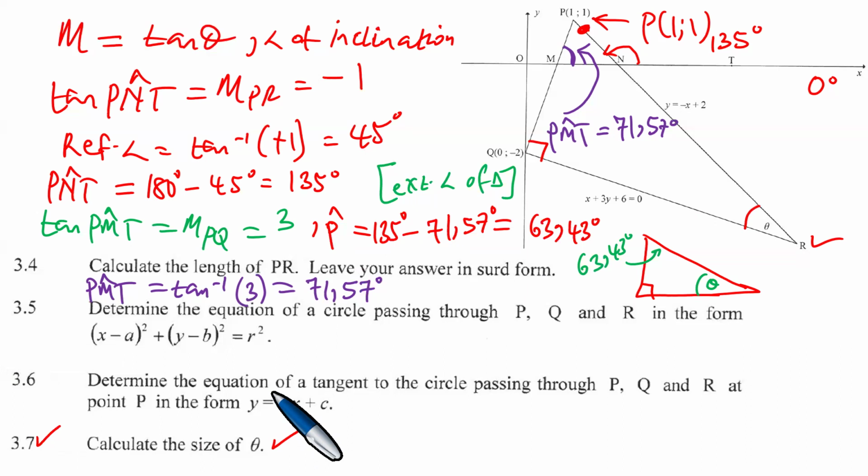So I want to find the size of the angle theta. The angle theta is exactly this one. We already know these two angles, so what do you do now if you know two angles?